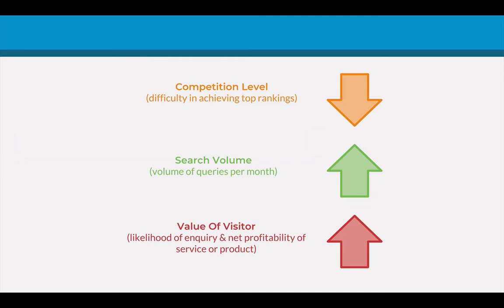So in terms of competition level, the way to really assess that is to have a look and literally type the search term that you're thinking about into Google, and then assess just how difficult that search term looks like it's going to be to rank. If you're looking at local maps, the things you're looking at include the number of reviews, and whether the other competitors in the map pack actually have that search term in their name, so whether their Google My Business name actually contains the search term.